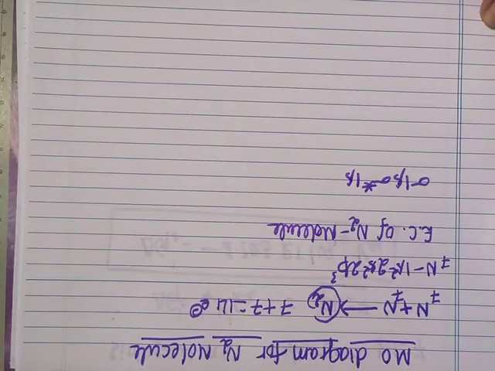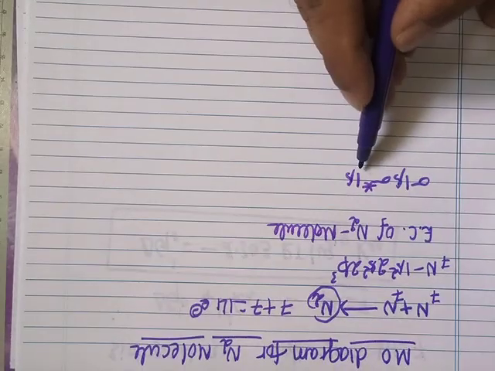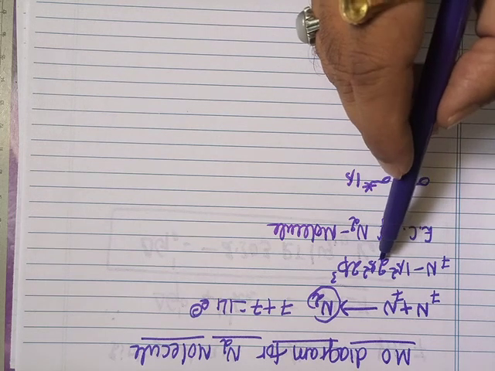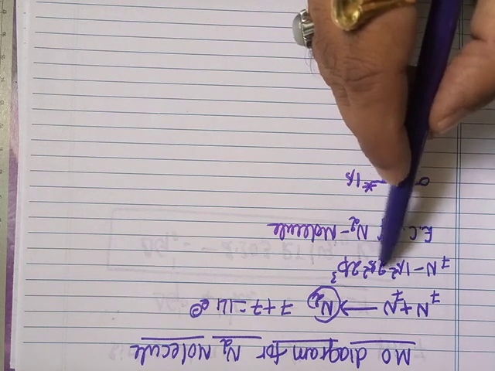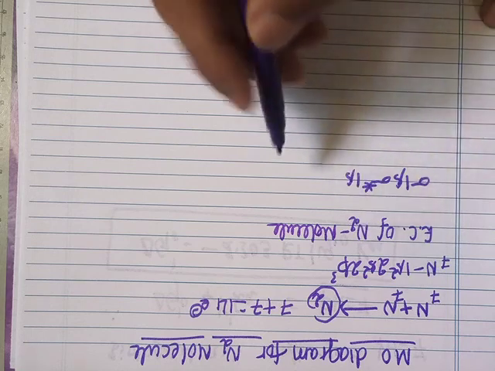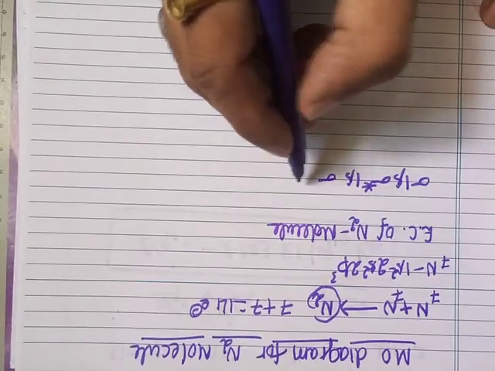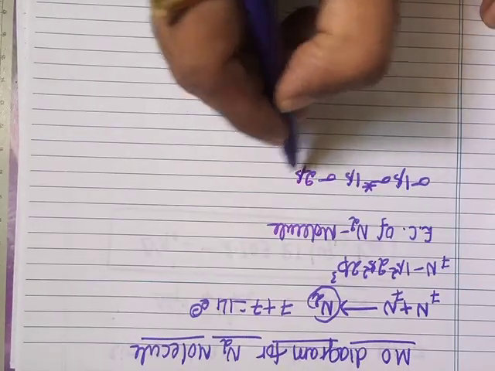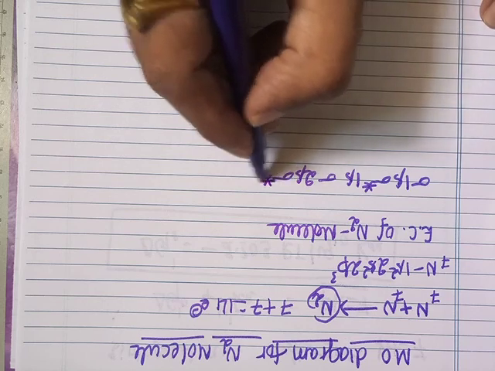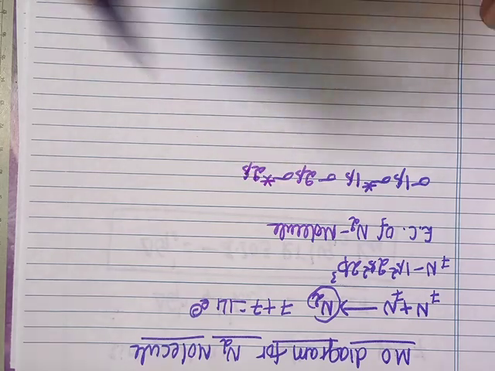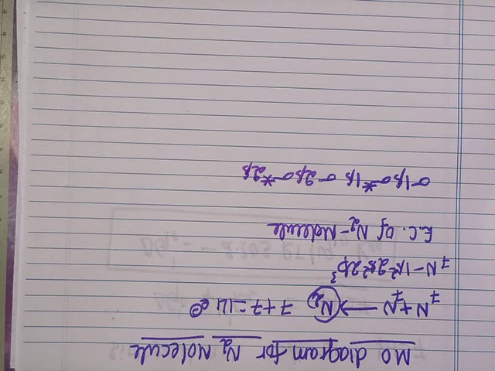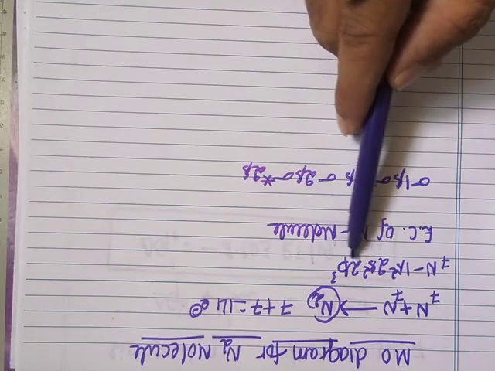So two molecular orbitals, one is BMO, another one is ABMO. Next, when the 2s atomic orbitals of two nitrogen atoms combine, they form sigma 2s and sigma star 2s. Now the p orbitals.